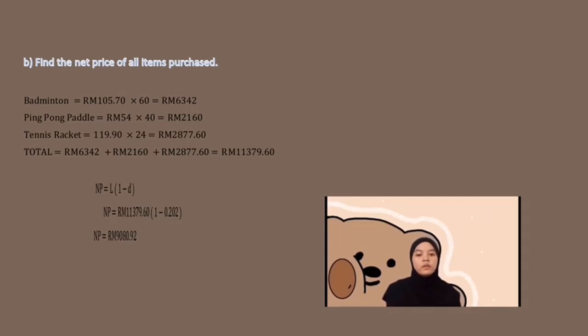Ping pong 54 times 40 equals 2,160, and for the tennis racket 119.90 times 22.